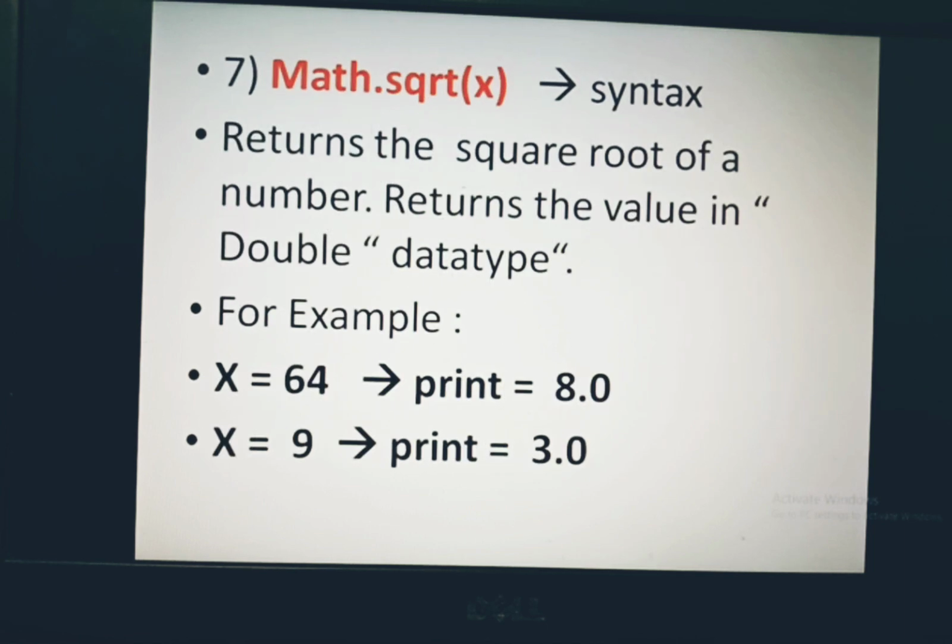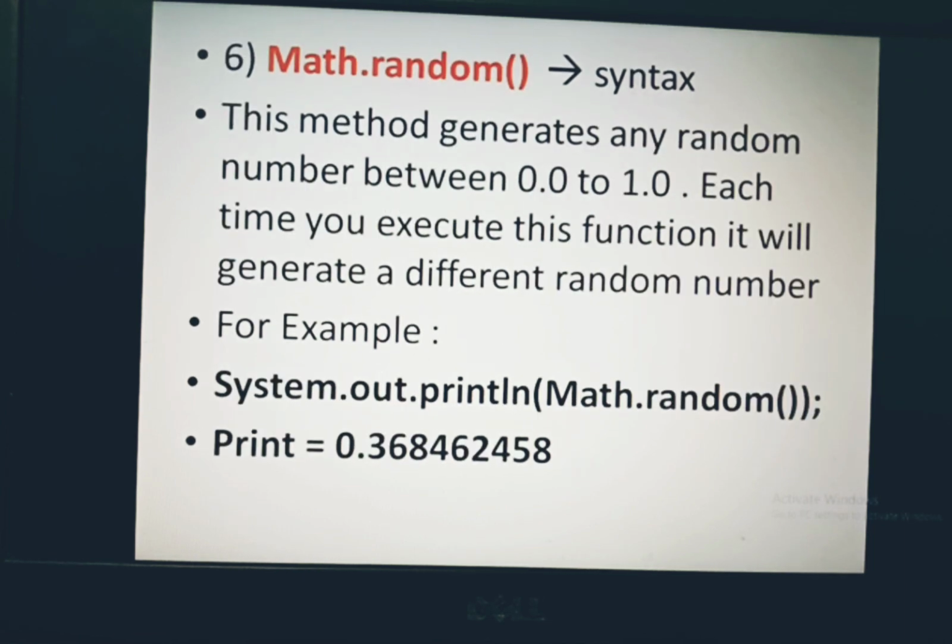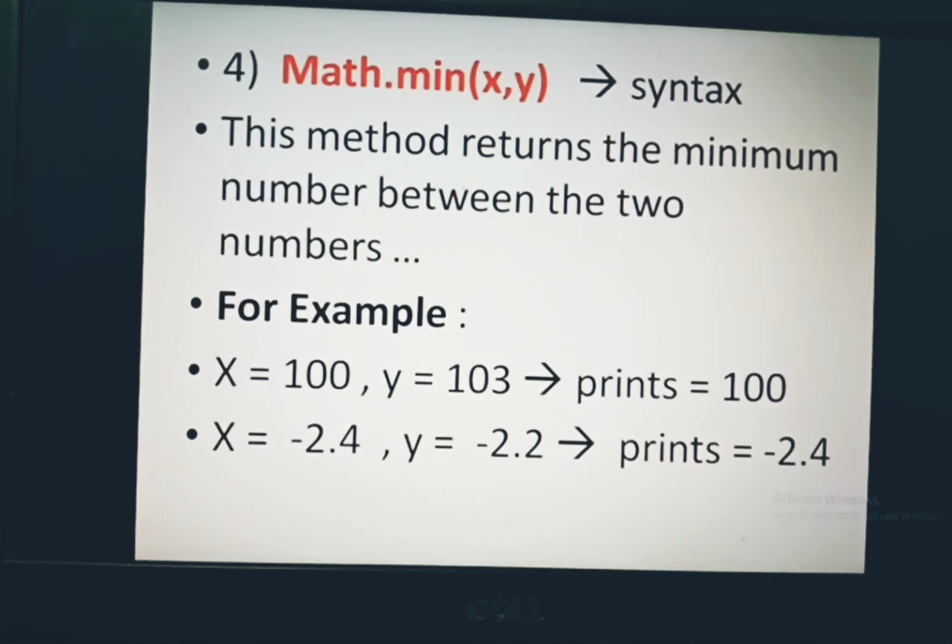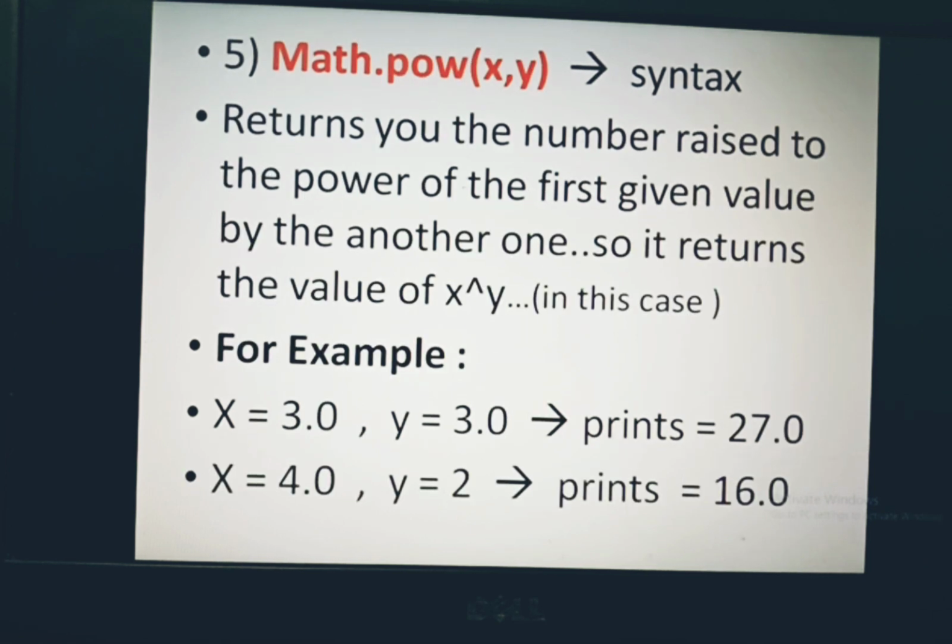So our next function is Math.pow. This is the syntax Math.pow. This function returns the first given number raised to the power of the second. If my first number is x and the second number is y, it gives x to the power y.